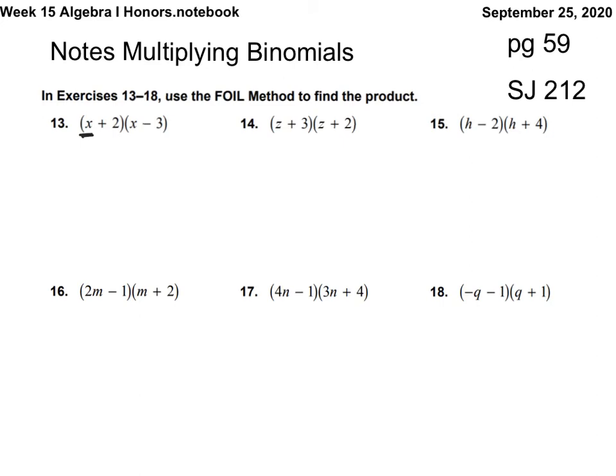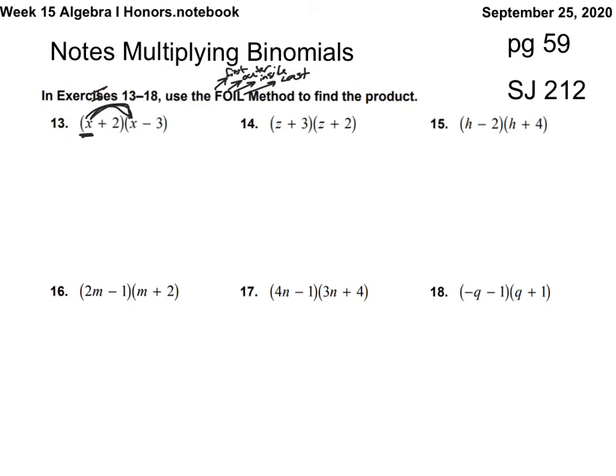FOIL method. F stands for first. O stands for outer or outside, depending on who you're talking to. I stands for inside. And L stands for last. Next, we're going to actually do the FOIL method. I want to point out, and then I'll erase this really quickly. These are the first terms.